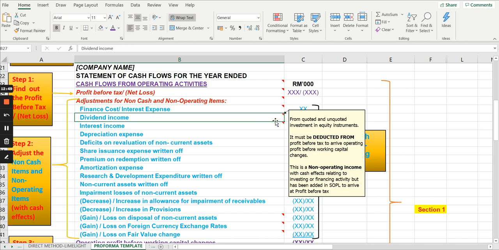Dividend income is actually a non-operating item with a cash effect, and because it is a non-operating item, you receive dividend, or you earn dividend, if we talk about income here, because you invest in equity instruments. So therefore, that has to be removed, because this is related to investing activities.